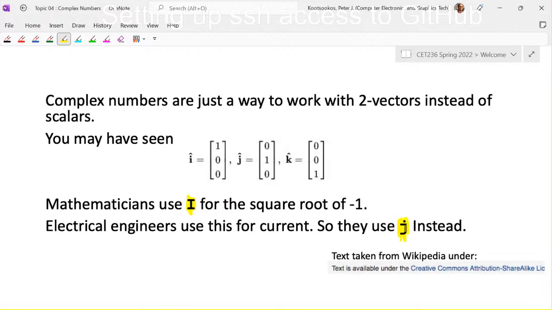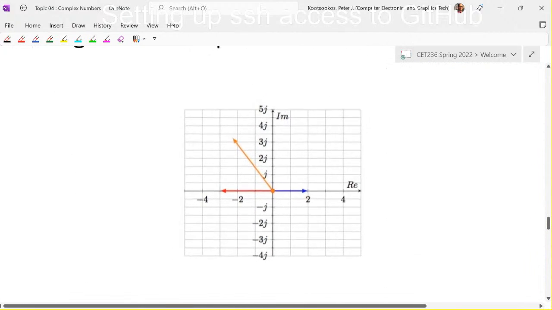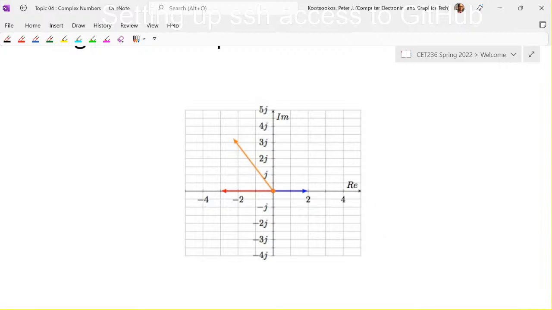So that's my partial justification for using j for the y-axis. And so you can draw a complex number as a 2 vector, as a vector on the plane.